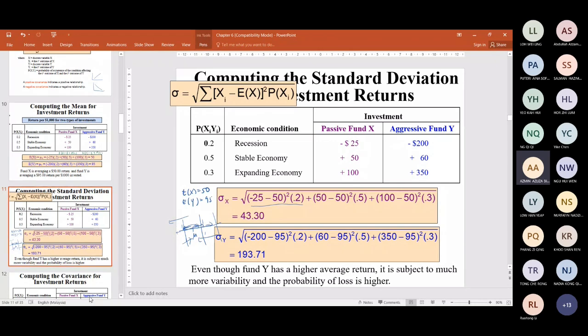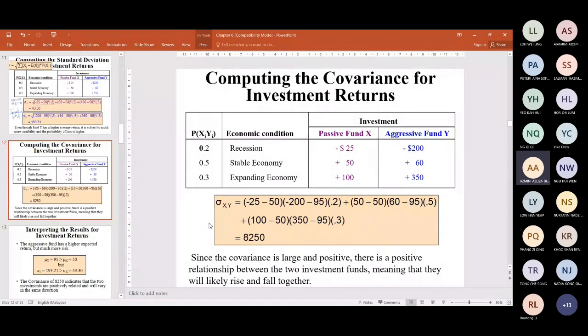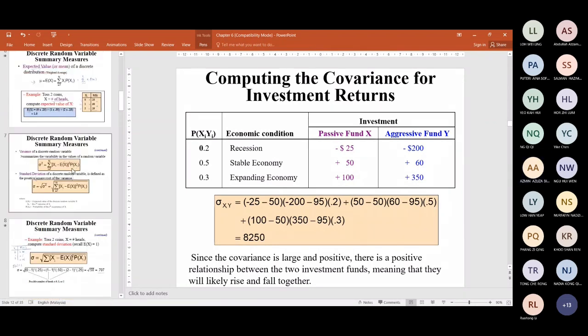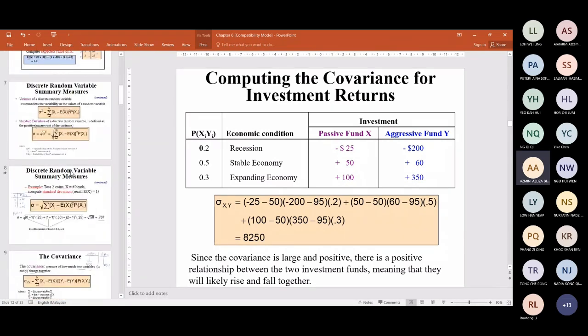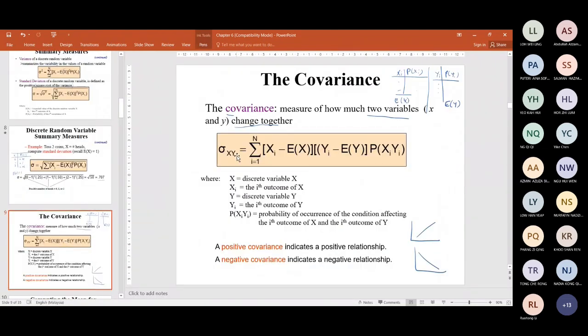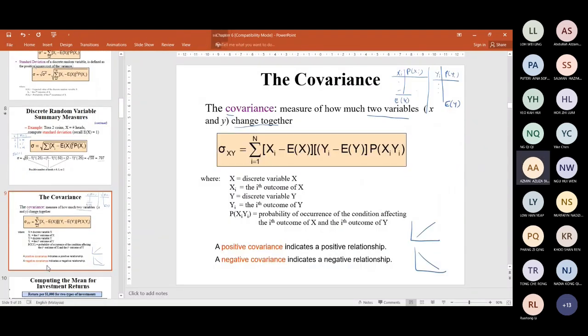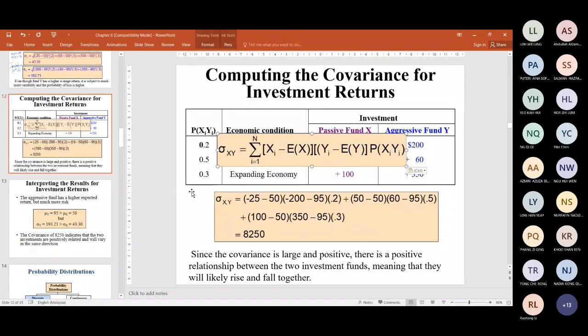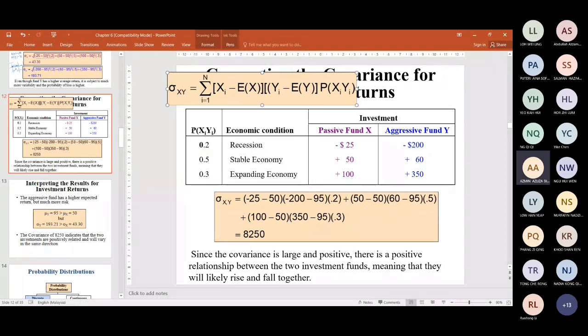Okay, next slide, we want to find the covariance. Since we have two variables, we can find the covariance. The formula given is this. So that's the formula for covariance. It is the summation of each of your data X minus the mean.